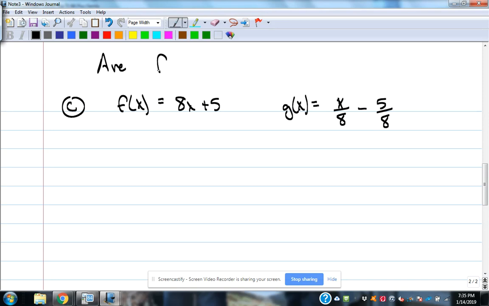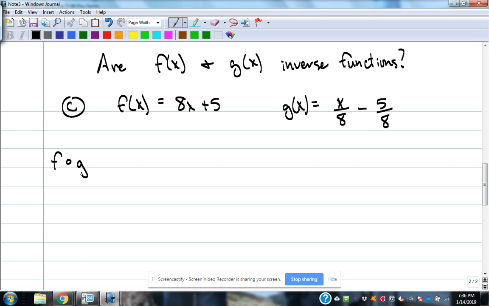Are f of x and g of x inverses or inverse functions? That's the question we have. Okay, so we want to prove mathematically that they are or are not inverses. So to do that, we're going to do function composition in both directions.